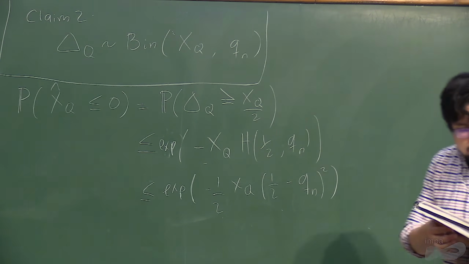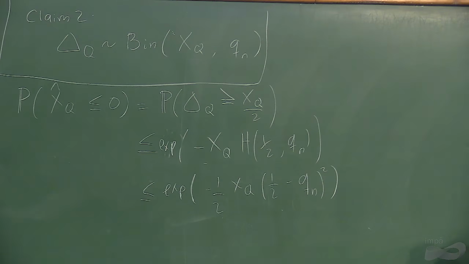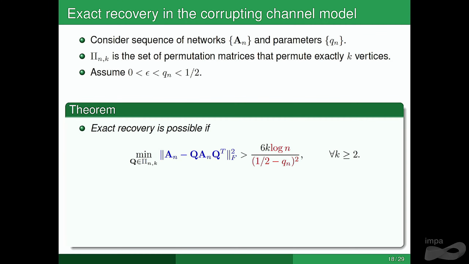And now, if we look back at the conditions in the theorem here, xq is basically this quantity here, right? Well, xq is lower bounded by this quantity because xq is for a given permutation q, but we have this lower bound because this is the minimum over all possible permutations of size k.